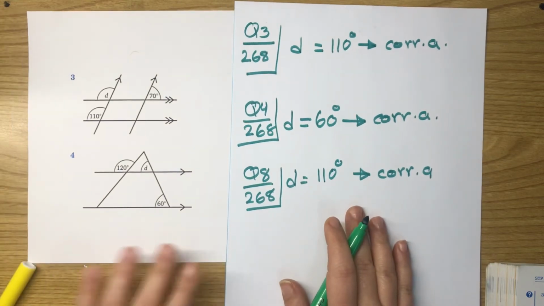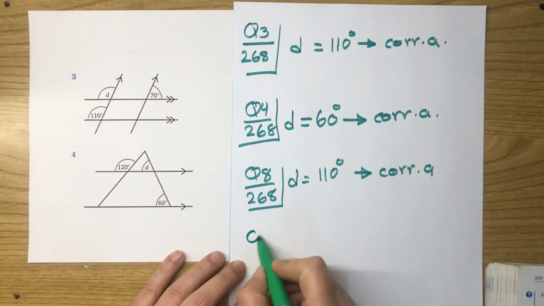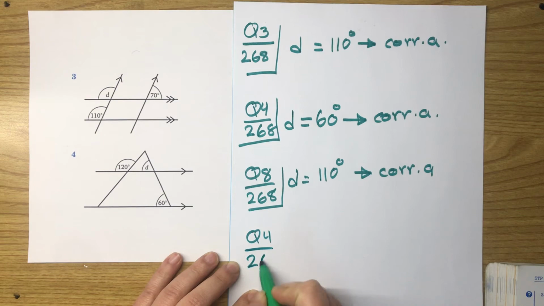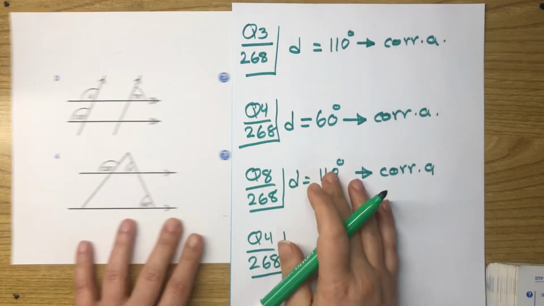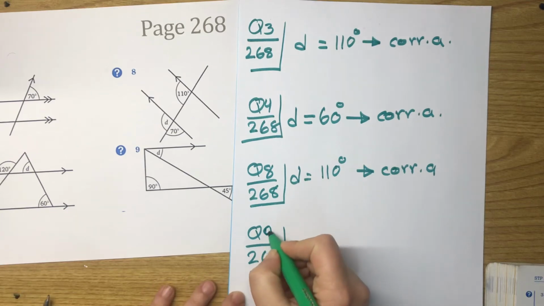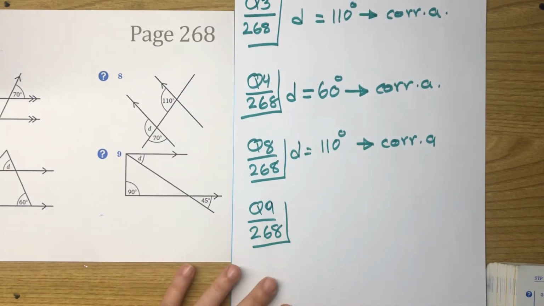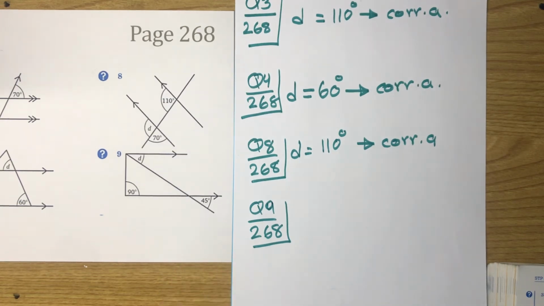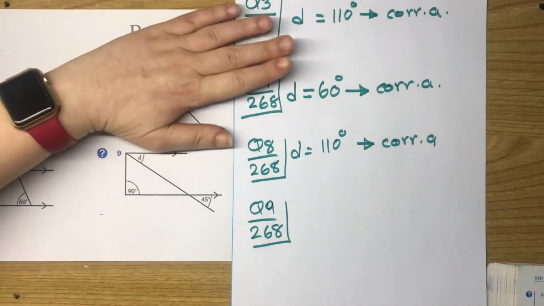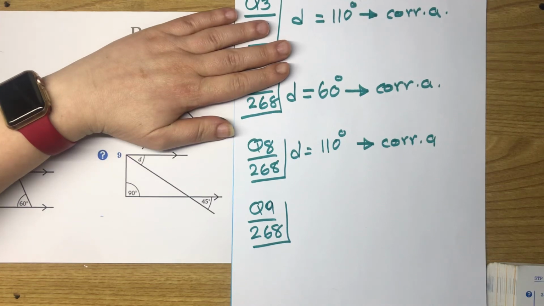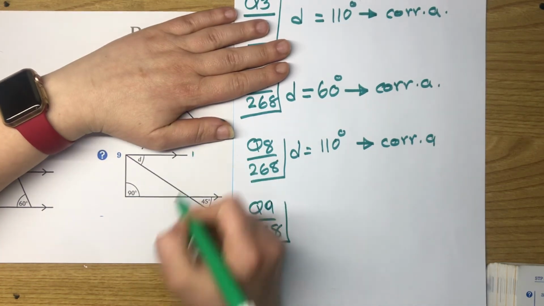Question 9, Miss Dima. Okay, question number 9 says, where are these two parallel lines? Can you spot these two parallel lines? There's a lot of lines there. Okay, I'm gonna cover this one. Did you figure out where the parallel lines are? This is line number 1.